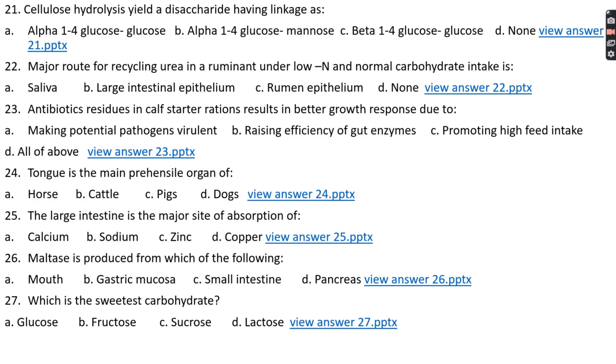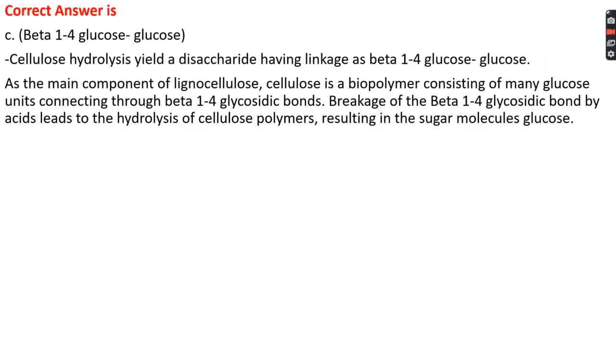Question number 21. Cellulose hydrolysis yields a disaccharide having linkage as option A alpha 1,4 glucose glucose, option B alpha 1,4 glucose mannose, option C beta 1,4 glucose glucose, option D none. The right answer is option C, that is beta 1,4 glucose glucose.